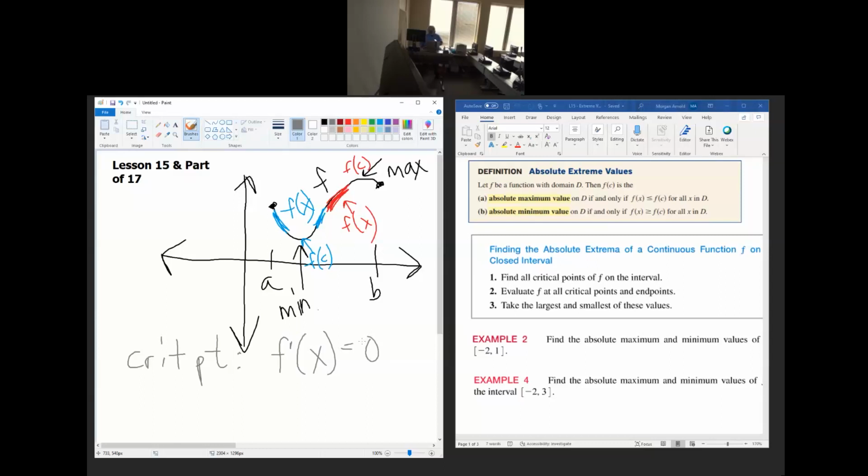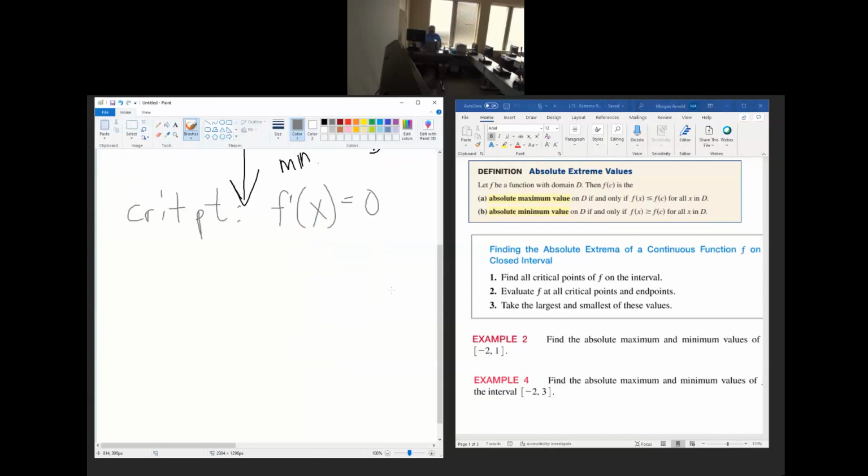So that's how you find all your critical values. You may have one or more than one. You take your first derivative of your function and then set your first derivative equal to 0 and solve for x.